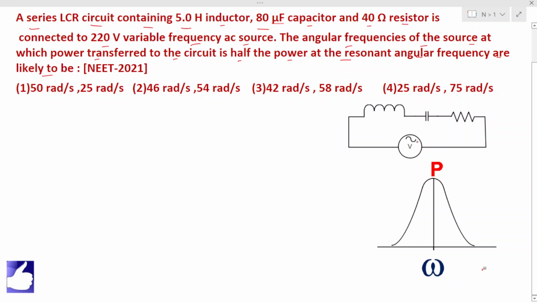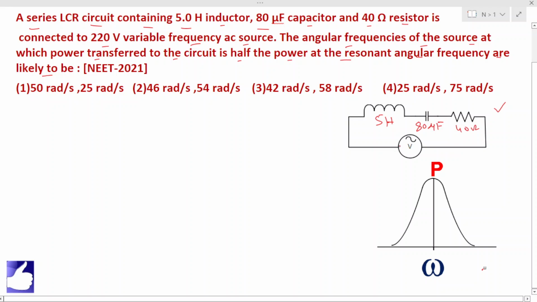Okay, so now let us see what he gave. He told that this is an LCR circuit whose inductance is 5 Henry, whose capacitance is 80 microfarad and whose resistance is 40 ohm. This is connected to an AC source of 220 volts. Now what is he asking us to calculate?